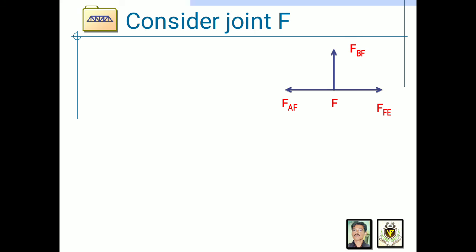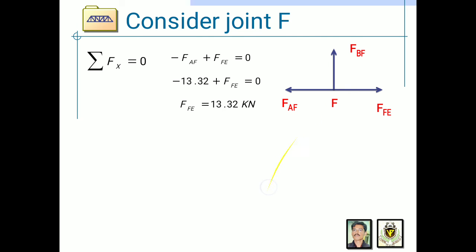Now consider joint F. At joint F, three members are connected, which are FFE, FBF and FAF. To calculate, apply the condition summation Fx is equal to 0. Horizontal forces are 2. So minus FAF plus FFE is equal to 0. Therefore, FFE is equal to 13.32 kilonewton.